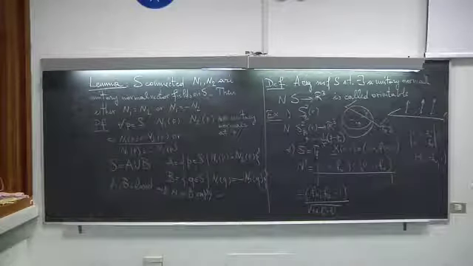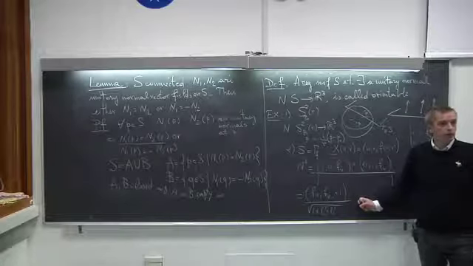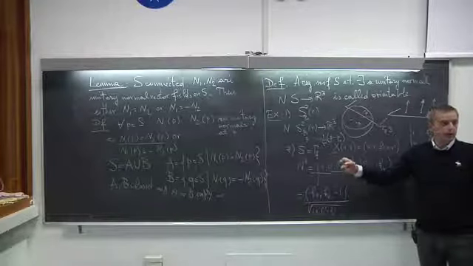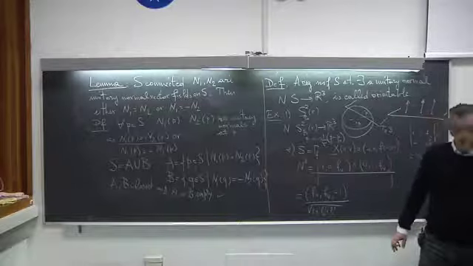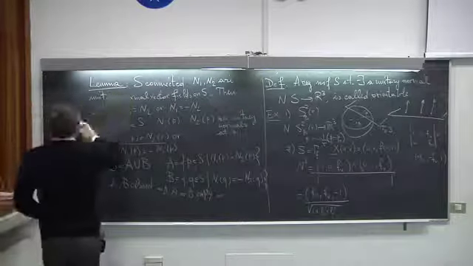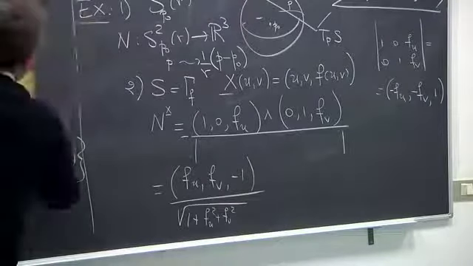Okay? So this is the vector n_x. And now, if you really want to produce n, you have to just write down n_x composed x inverse. And that's it.